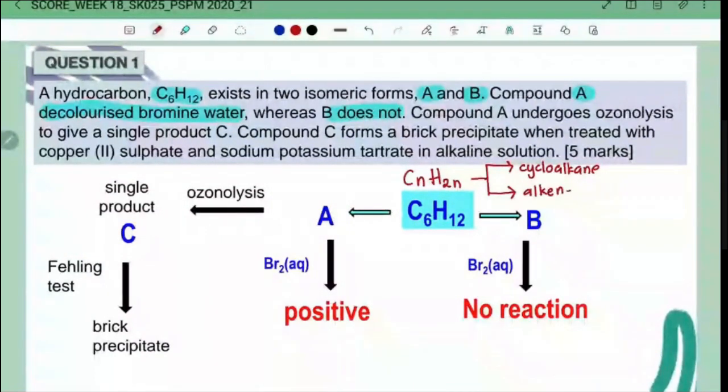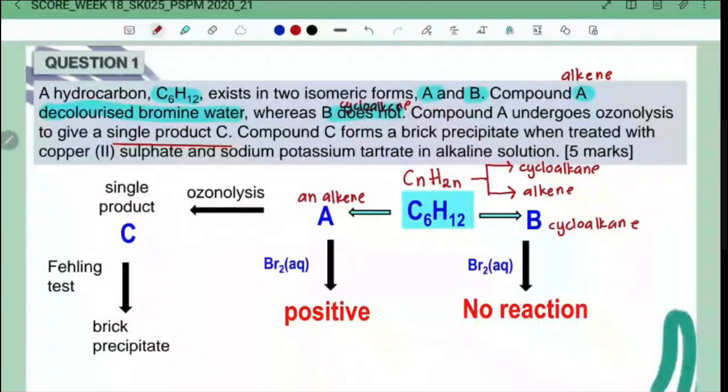Okay, so compound A decolorizes bromine water. So kita tahu compound A is alkene, whereas B does not. So this one should be cycloalkane. Okay, so kita tahu this one is an alkene. Okay, this one is cycloalkane.